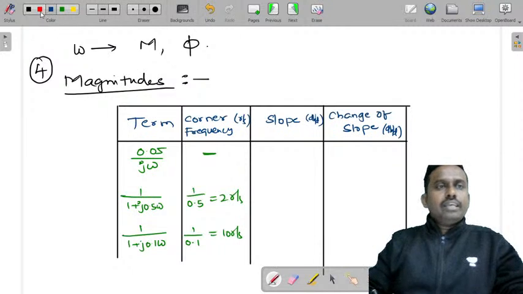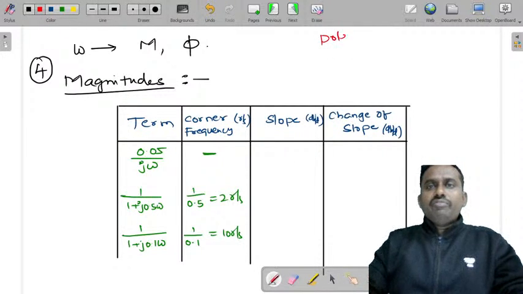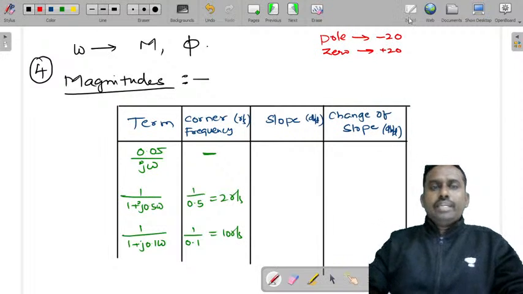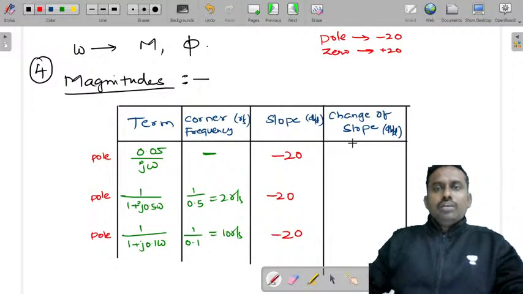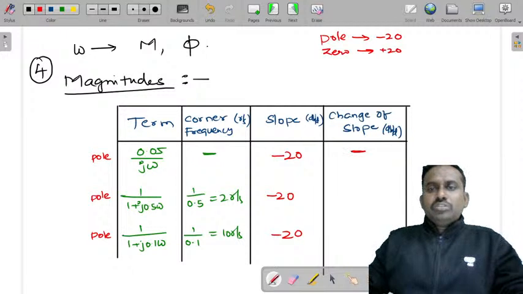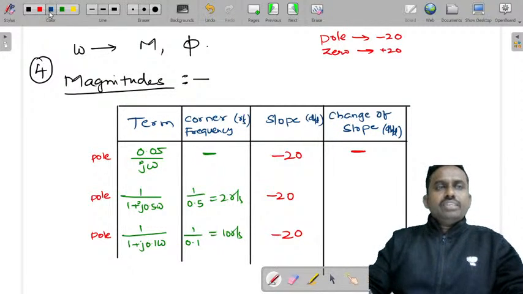Now what is this slope? Every pole, remember this, every pole will offer a slope of minus 20 dB. Every zero will offer a slope of plus 20 dB. If you observe, this is a pole in the denominator, this is also a pole, this is also a pole. So single pole, minus 20, single pole, minus 20, single pole, minus 20. Now we do not have any change of slope for the first because we do not have any previous value.